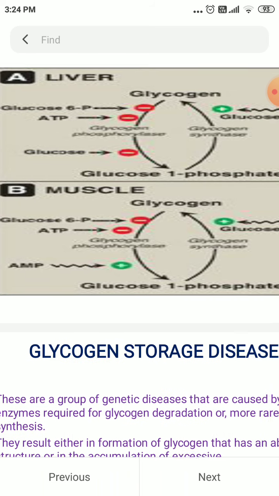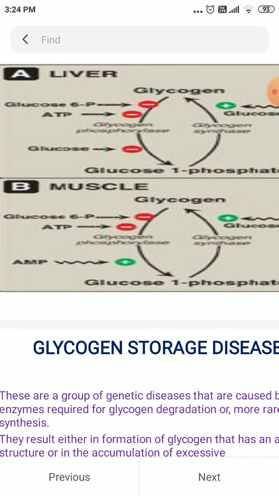AMP acts as an activator molecule for the enzyme glycogen phosphorylase. So the glycogen cannot be degraded if glucose 6 phosphate and ATP bind to the allosteric site of this enzyme, whereas AMP activates this enzyme in order to carry out glycogen degradation.